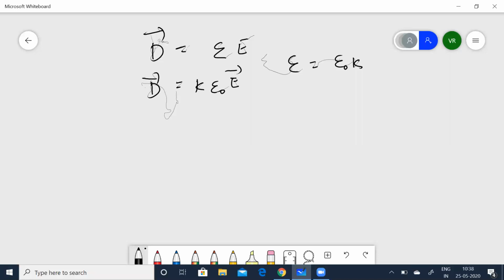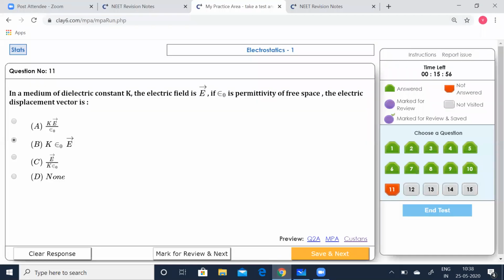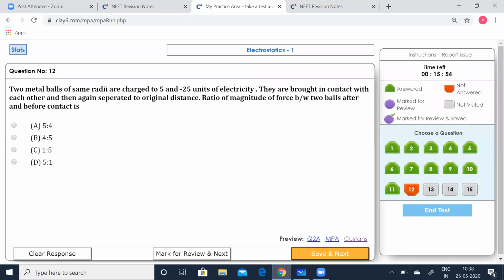B option is correct. Click that, go to the next.